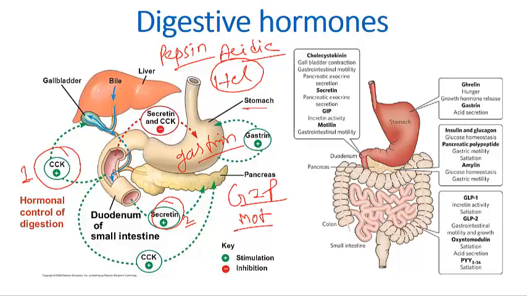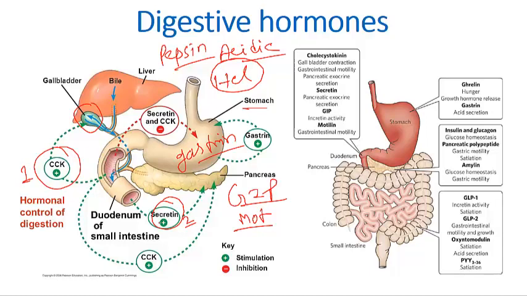Here, cholecystokinin, or CCK, stimulates the secretion of bile salts from the gallbladder, and the release of those bile salts helps in the emulsification of fat. Without those bile salts, we cannot degrade or absorb fat, we cannot digest fat very well in our body.